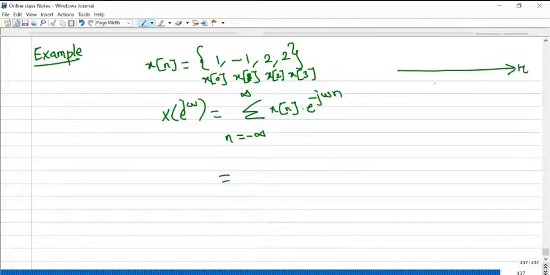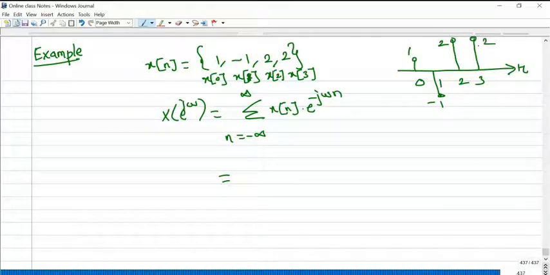The sequence means 1, minus 1, 2, 2. That is the actual meaning. We studied in unit 1 different ways of representing a discrete time sequence: tabular format, sequence format, and sketching of the discrete time sequence.